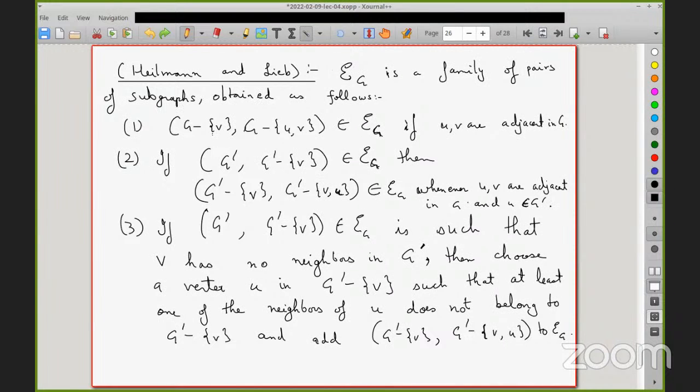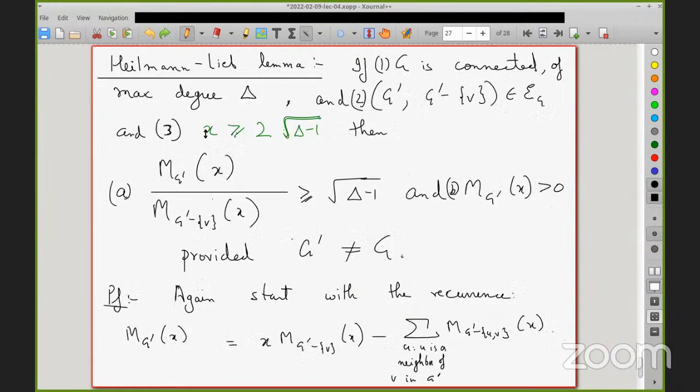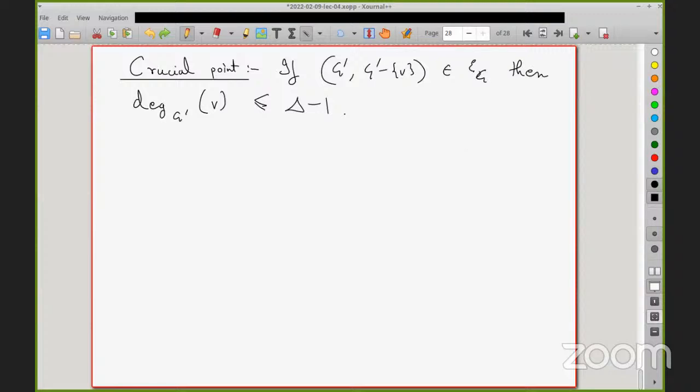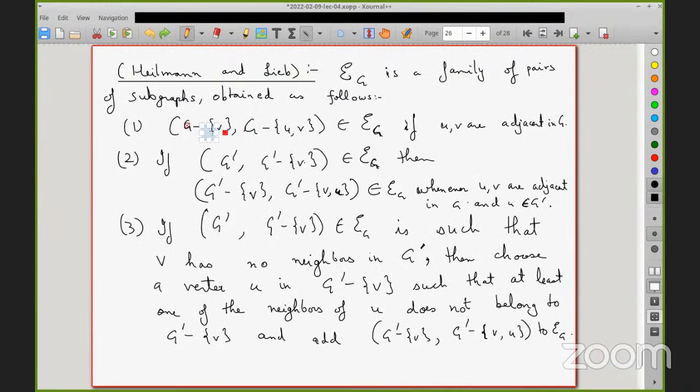G' is like G minus v. This is a bit confusing because the role of v is now being played by u, since u is the vertex you're removing from G'. If you're removing u from G', why is the degree of u at most delta minus 1? Let's see that.